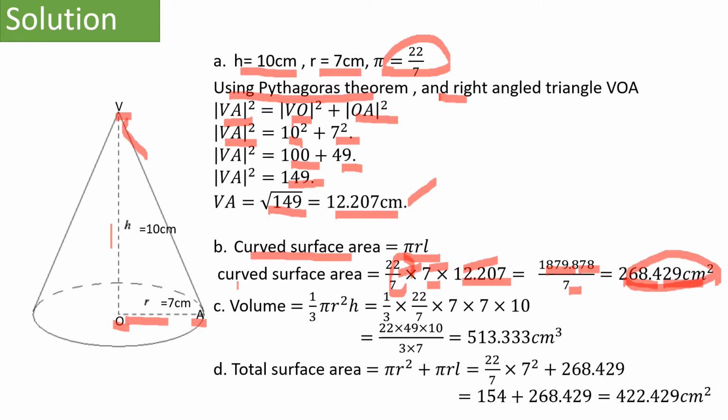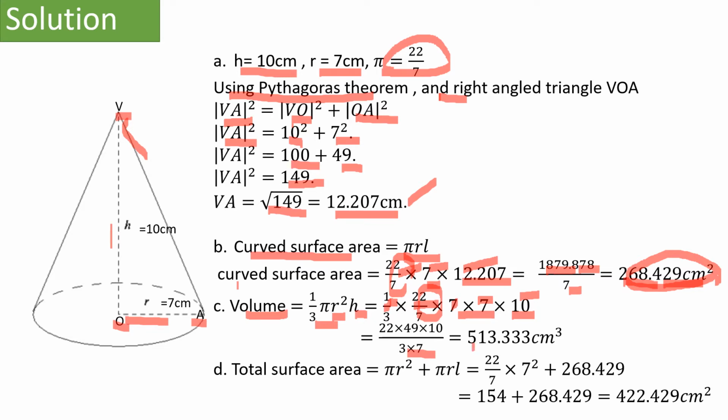So the next question says you should find the volume of the cone. So the formula is 1/3 pi r square h. So we insert the values. So 1/3, pi is 22/7. So r square, which is 7 square, means 7 times 7 times 10. So you multiply 1 by 22 by 7 by 7 by 10, divided by 3 times 7.